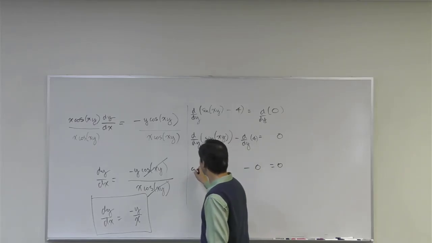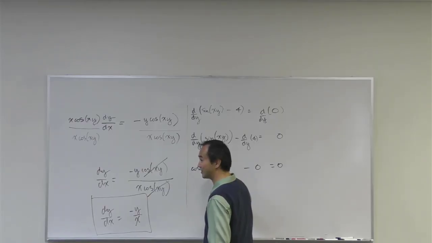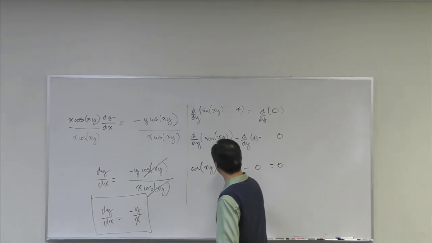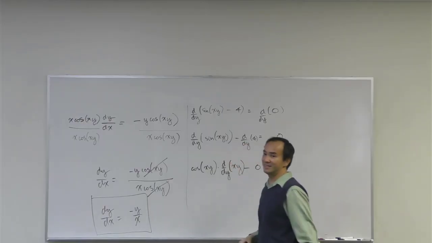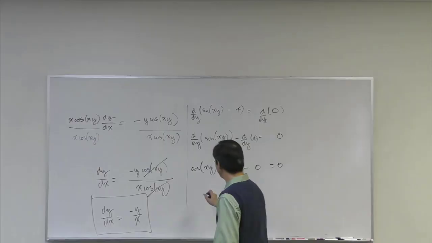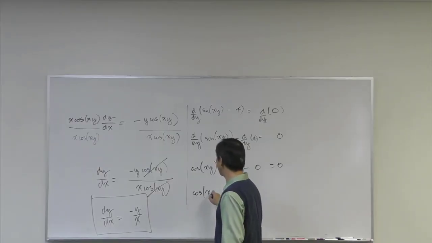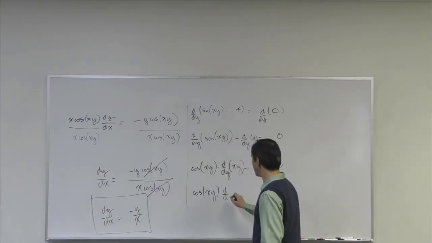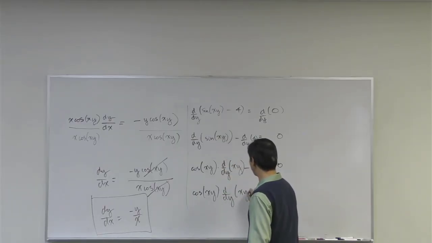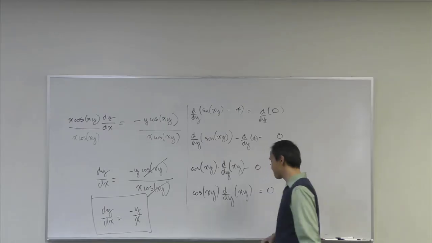So we get cosine of xy, that's the outside derivative. We multiply with the derivative with respect to y of xy. You guys good with me on that? So really it reduces down to cosine of xy times the differentiation of xy, all equal to 0.